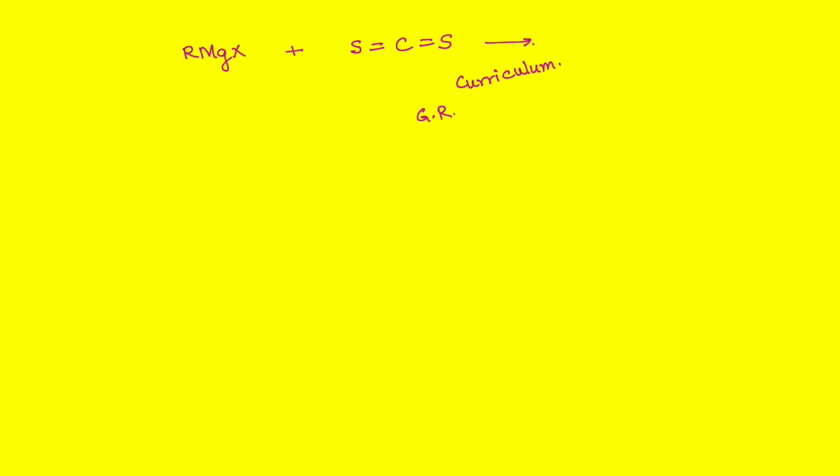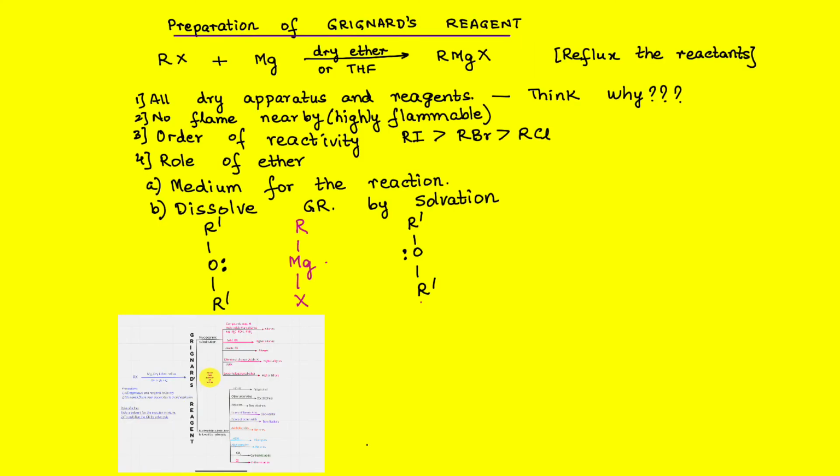What is left? Yes, we need to know how we prepare such an important reagent known as the Grignard's reagent. The preparation, according to the traditional methods, is very, very simple. So what we do is we take the alkyl halide, react it with magnesium ribbon to give us the alkyl magnesium halide.